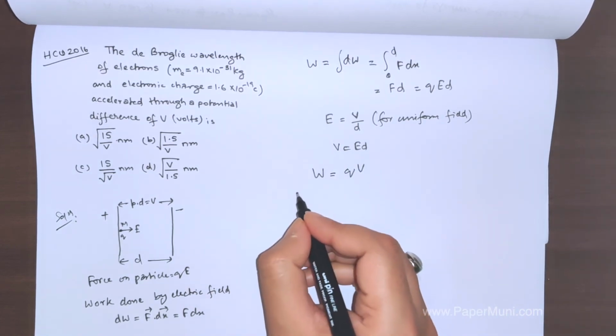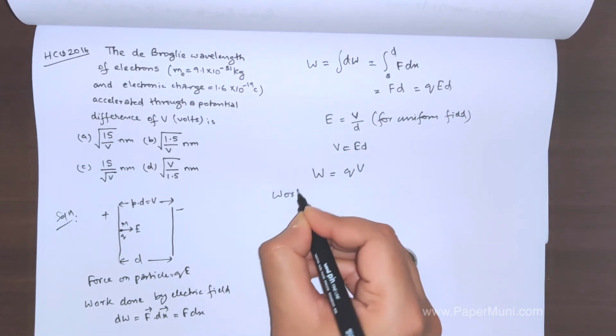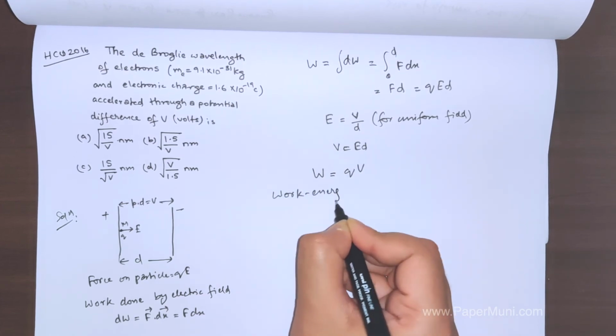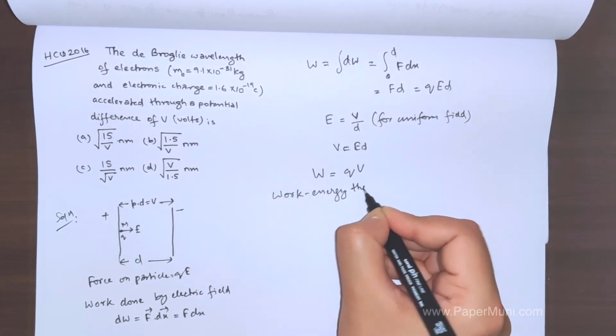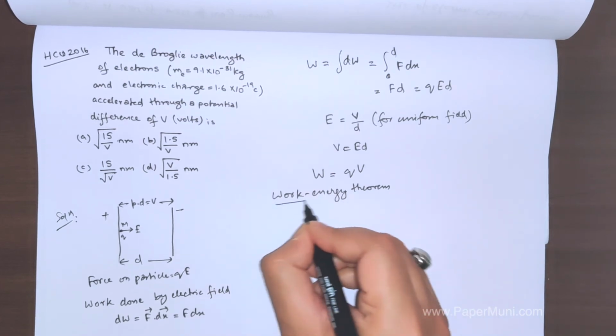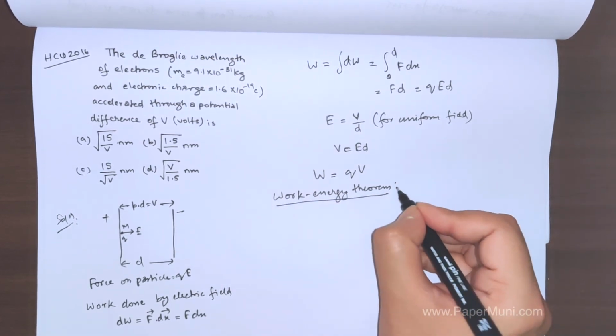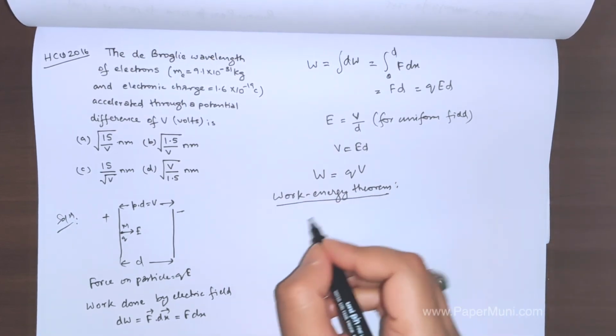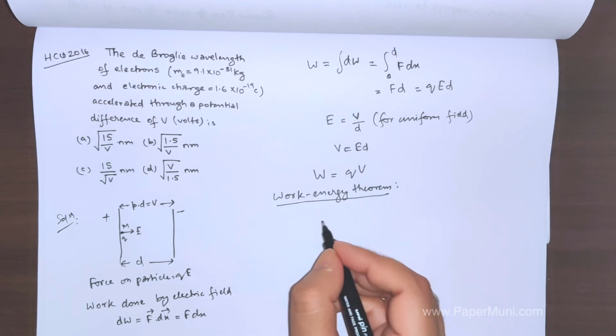Now from the work energy theorem, the work done on the particle is equal to the change in its kinetic energy.